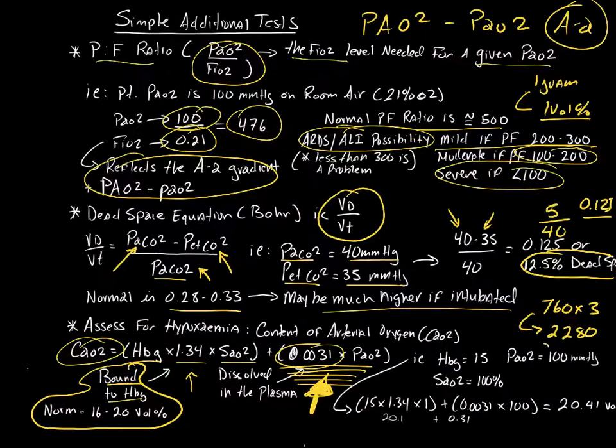Now multiply that by 0.003. Yeah, 2280 multiplied by 0.003. That gives me 6.84 vol percent. That's actually pretty substantial, right?